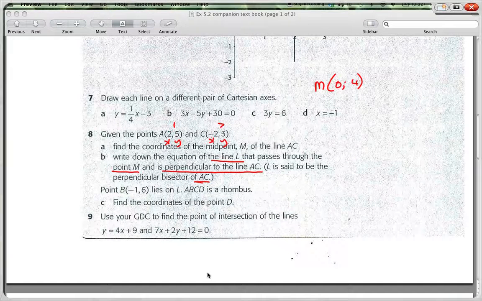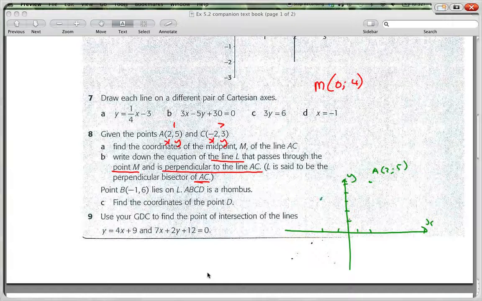Okay, so I've got this point AC. Perhaps drawing it will be good. So y and x, and I'm looking at the points A and C. So that's going to be 2 and 5. So we're about over there. That is for A, 2 and 5, and for C I am at -2 and 3.